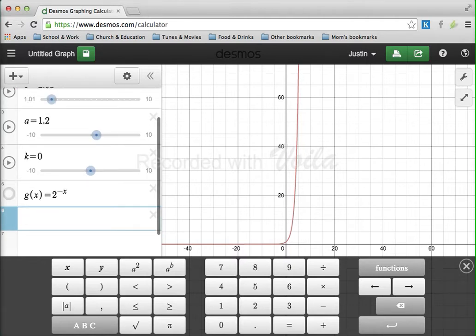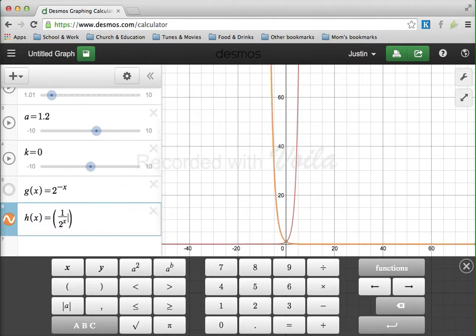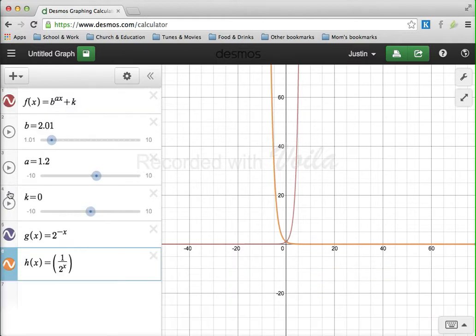We have a rule that says h of x, so I'm just rewriting this g of x stuff. This equals something particular. Do you remember what 2 to the negative x is? Any thoughts? It turns out it's exactly the same thing as saying 1 over 2 to the x. And if that's correct, then this g of x will match that graph.